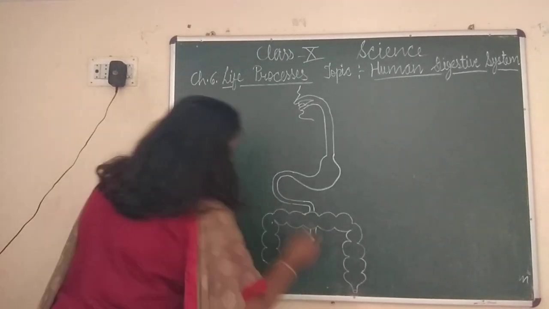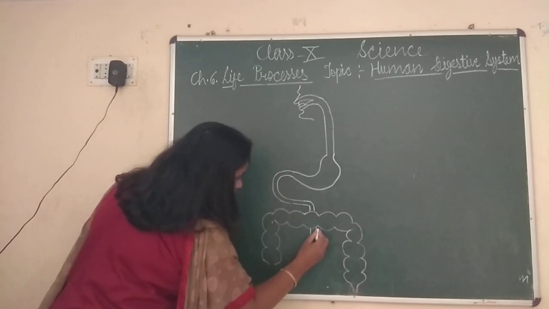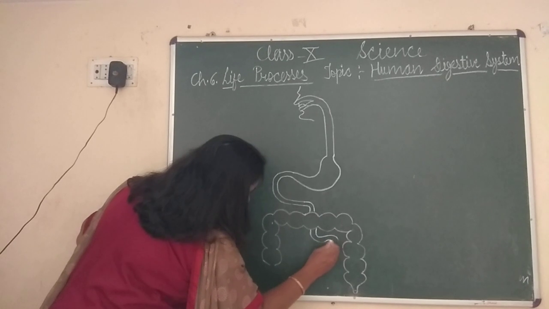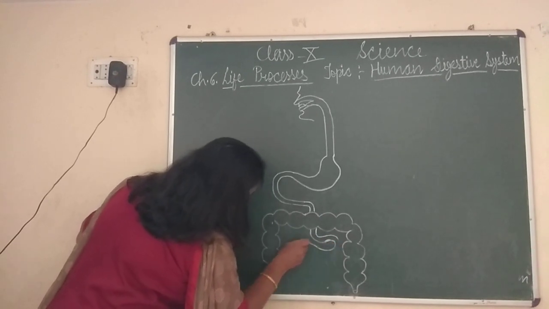Now this tube is highly coiled and we are just giving some simpler coils in it to understand the structure.